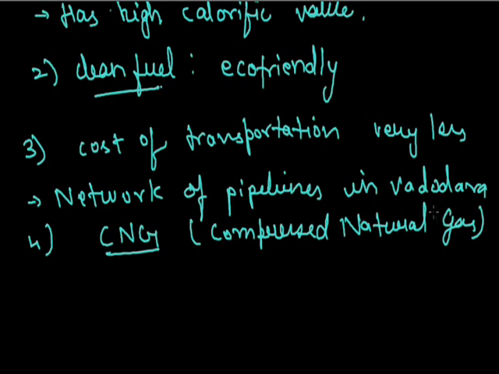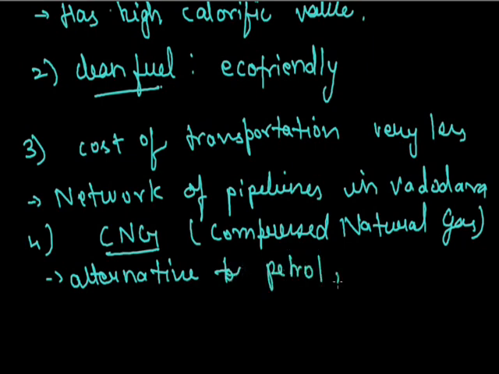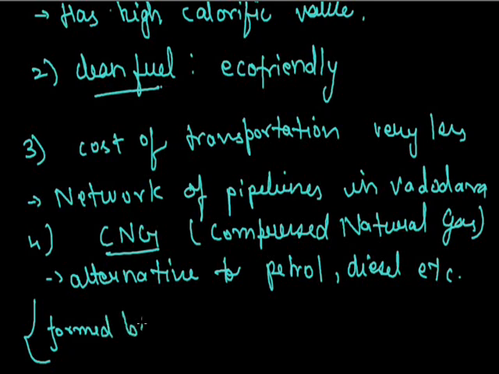It has been increasingly used as an alternative to petrol and diesel nowadays, and scientists call it eco-friendly, as it does not cause as much air pollution as petrol, diesel and other fuels used for automobiles. So it is a fuel for automobiles. It is formed by compressing natural gas under high pressure.